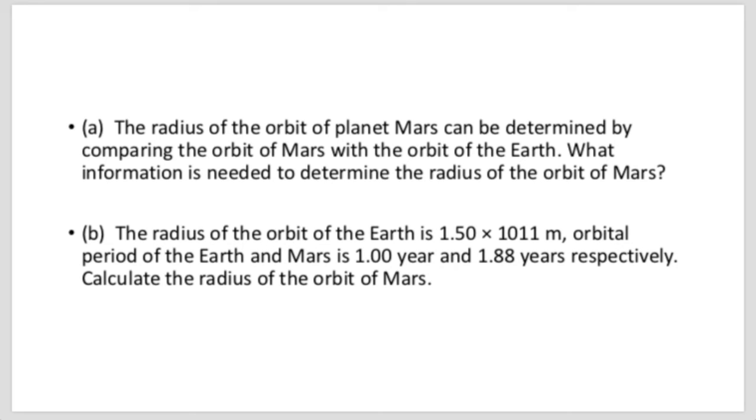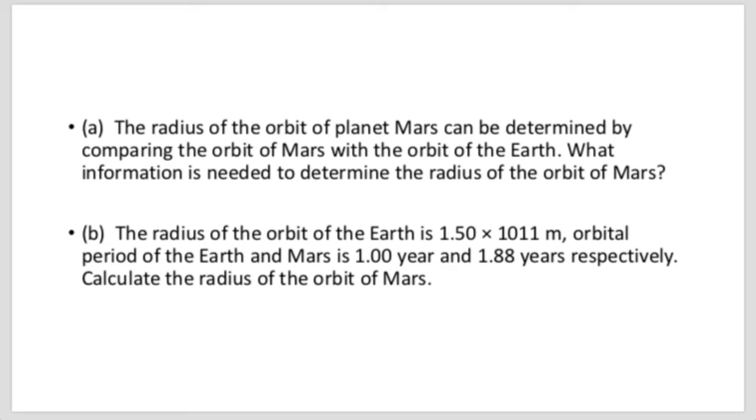So let's see the first question. First question is, the radius of the orbit of the planet Mars can be determined by comparing the orbit of Mars with the orbit of the Earth. So the question is, what information is needed to determine the radius of the orbit of Mars? So this is an interesting question.